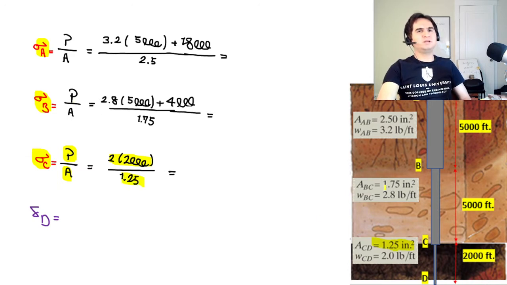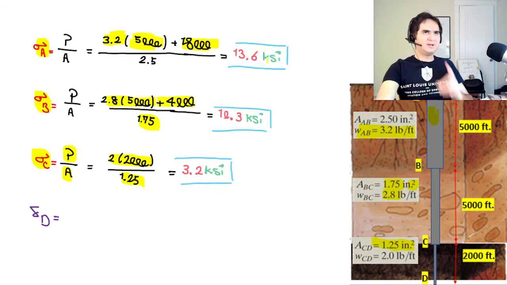For the second part, it's 2.8 times 5,000, which is 14,000, plus a hanging force of 4,000 added to the previous one, over 1 and 3/4 square inches of cross-sectional area. It goes to the very first one, which is 3.2, the weight per unit foot, times the length, plus a combination of 4,000 plus 14,000 of hanging weight.